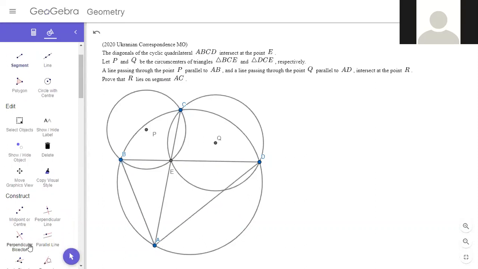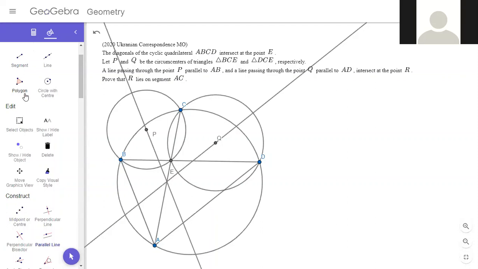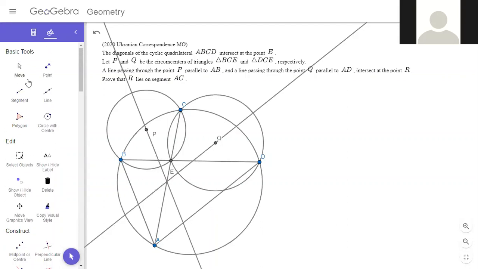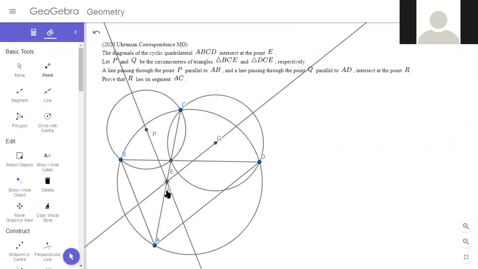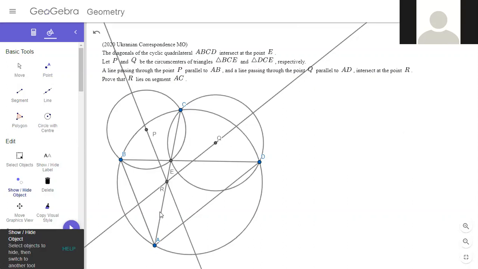So we draw that parallel line, and we draw this parallel line through Q parallel to AB. Looks like GeoGebra helped us out a little bit. It looks like they intersect on AC. I'm not sure why yet, but I wouldn't think it would be that hard to prove. So let's see if we can do it. Oh, that's the problem. Prove that R lies on AC. Okay. So what we found using GeoGebra is exactly what we have to prove.